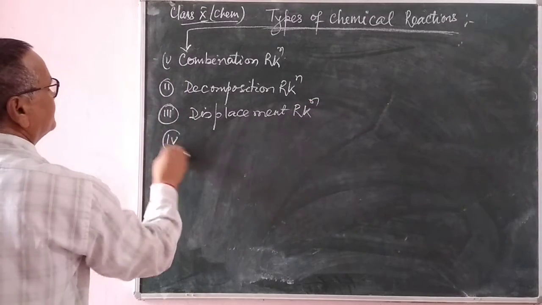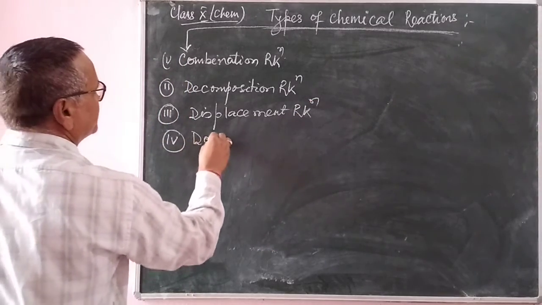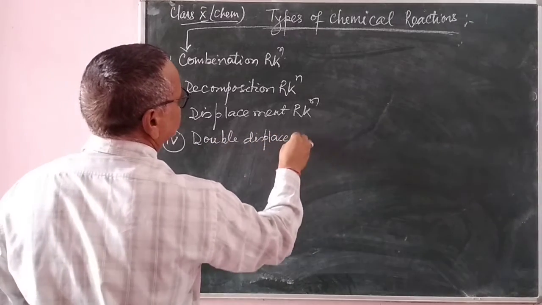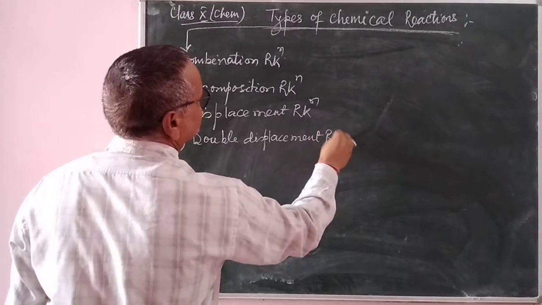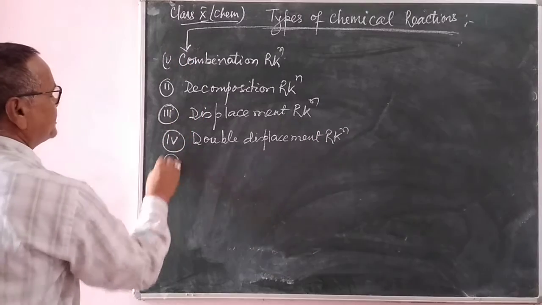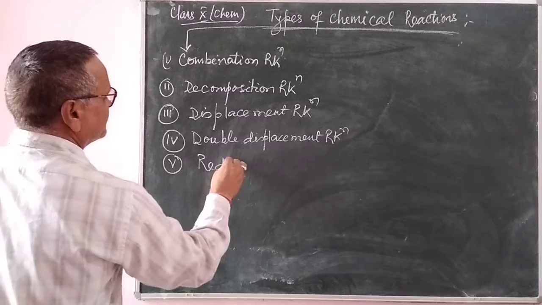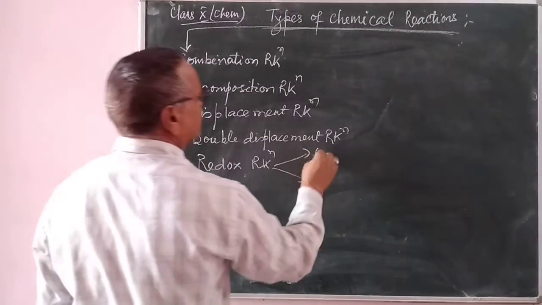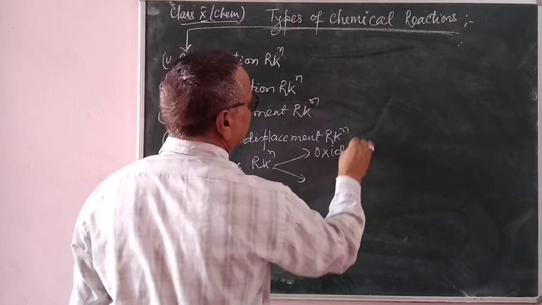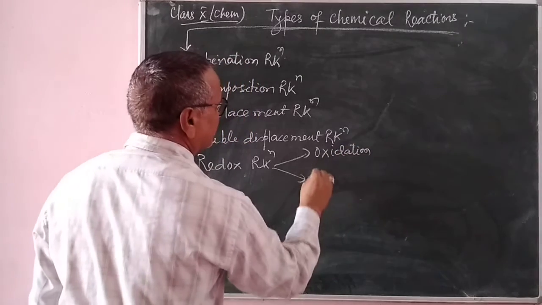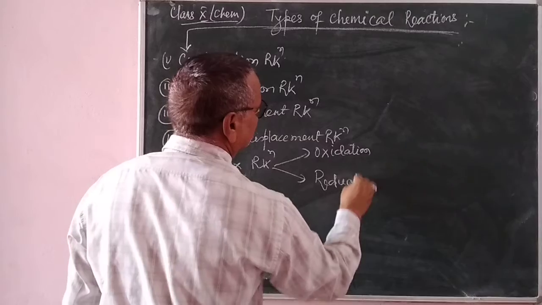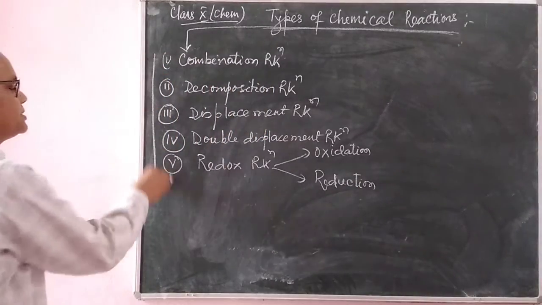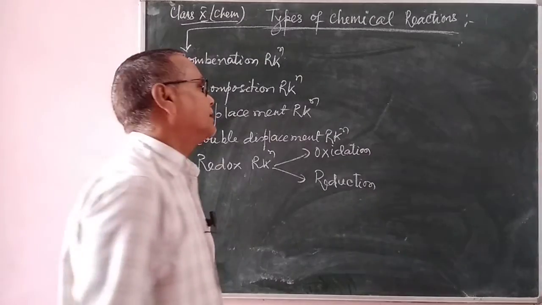And fourth is double displacement reaction. Next is redox reaction. Under it, two reactions come: oxidation reaction and reduction reaction. So we will study these different types of chemical reactions.